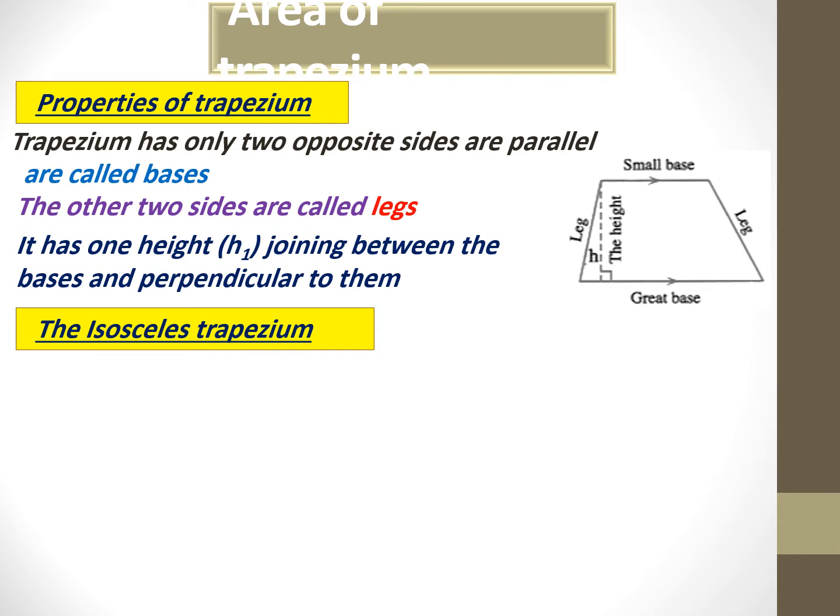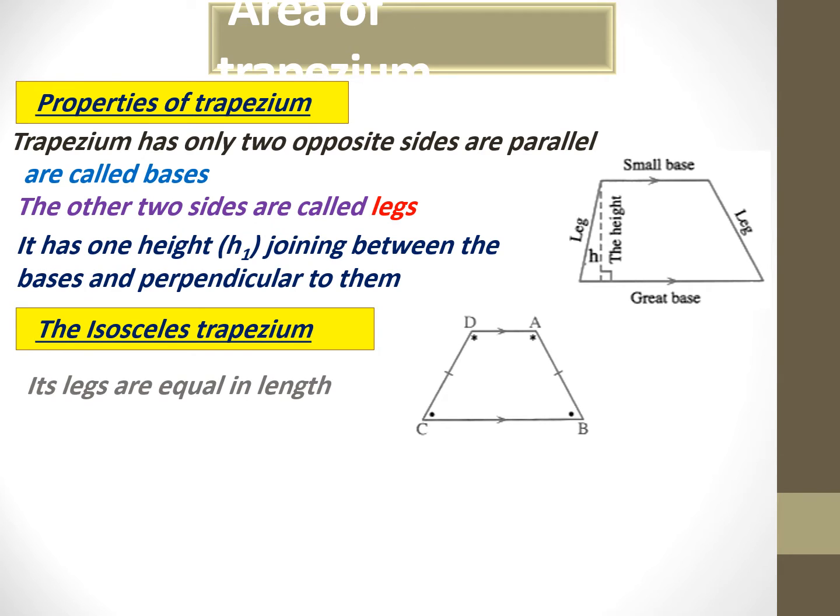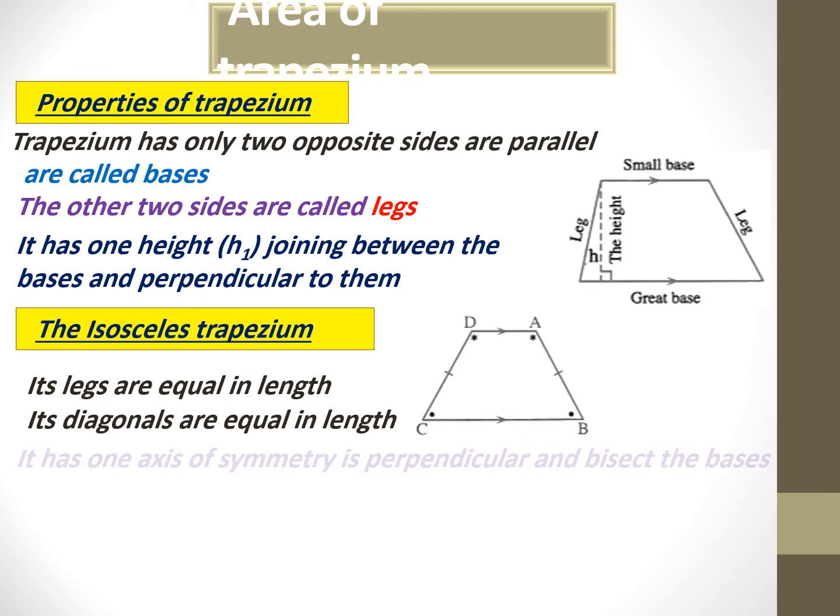Now we will classify the trapezium into isosceles trapezium and right trapezium. Firstly, we will learn the isosceles trapezium. ABCD is an isosceles trapezium, it has two legs equal in length and its diagonals are equal in length.